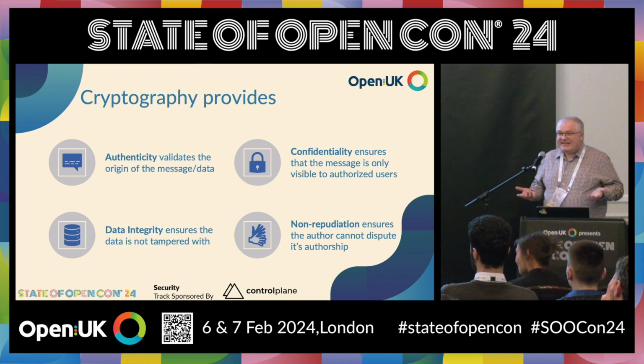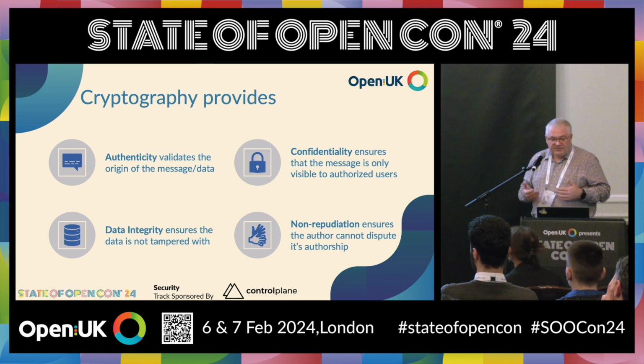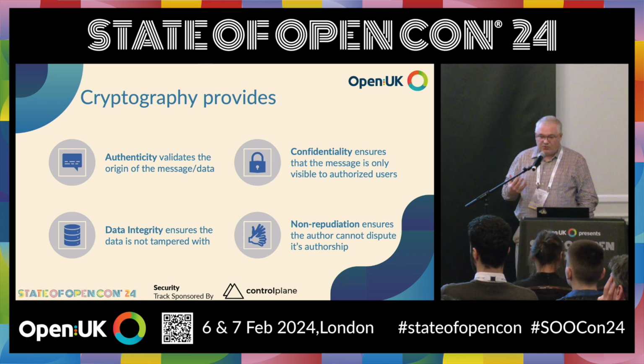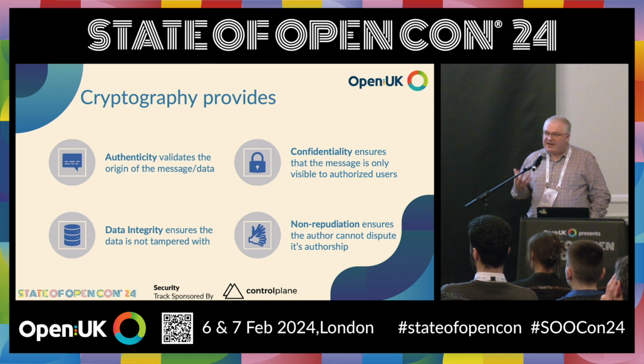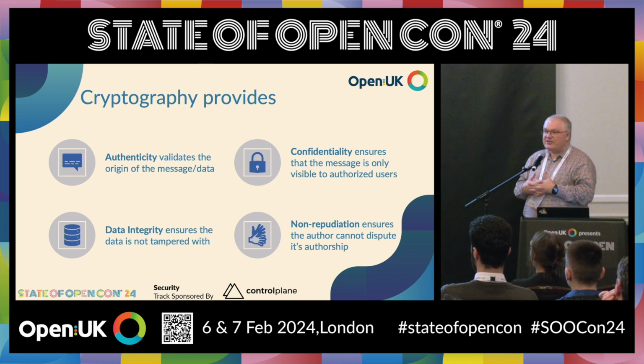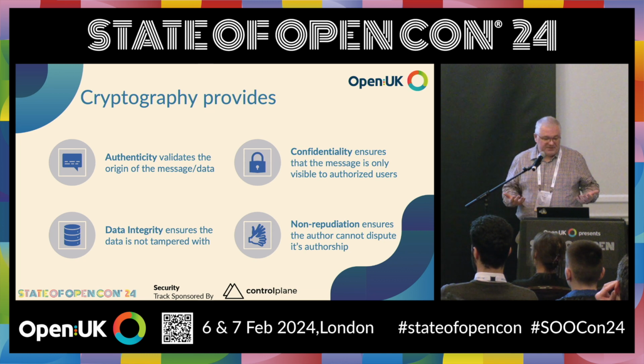One of those, authenticity, is about knowing where that message came from. Who was the actual originator of that message? So what is that source? Once we know that source, confidentiality is about saying we don't want anyone else to be able to see it. That's the real secret bit. It's only visible to those people that should be able to see it.